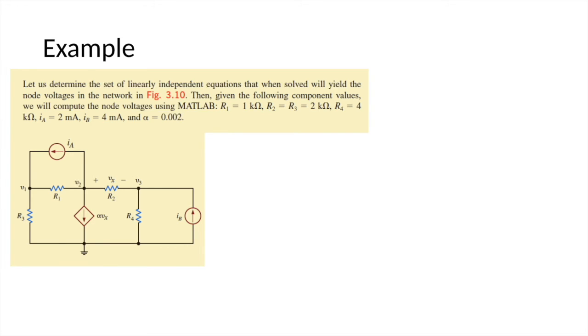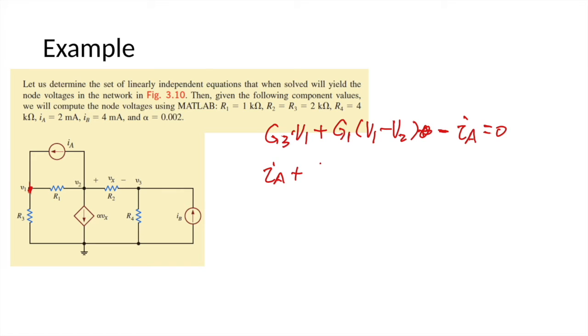For example, the first equation, let's write the KCL for node 1. So that is G3 times V1 plus G1, minus IA equals 0. And for the second node, that is IA plus G1 V2.